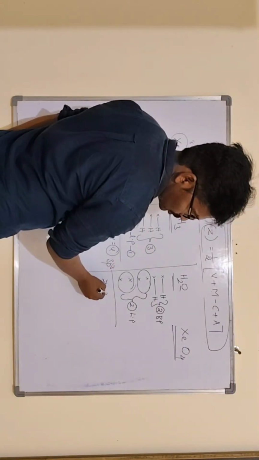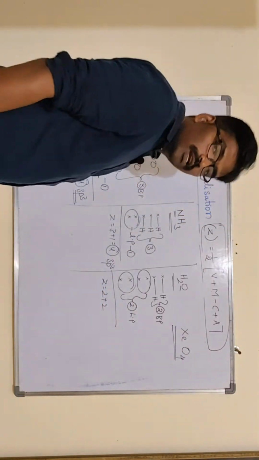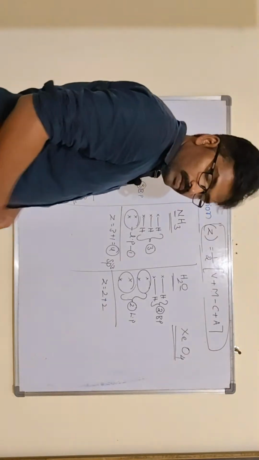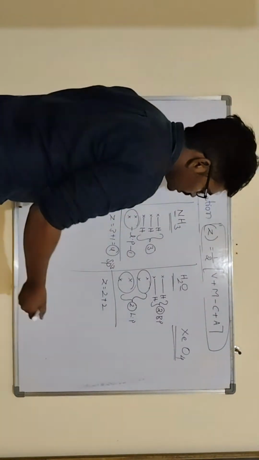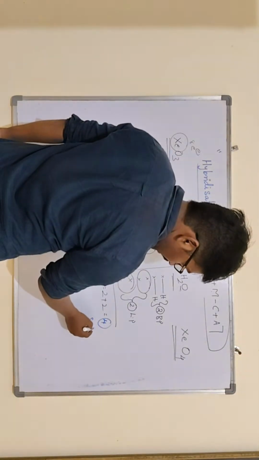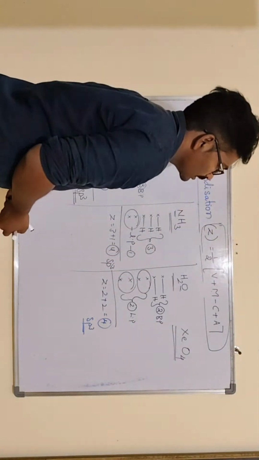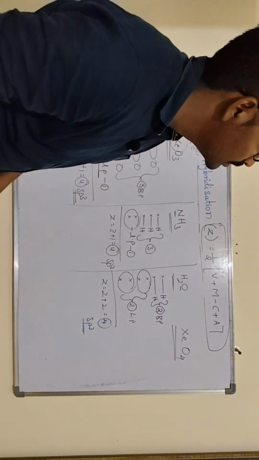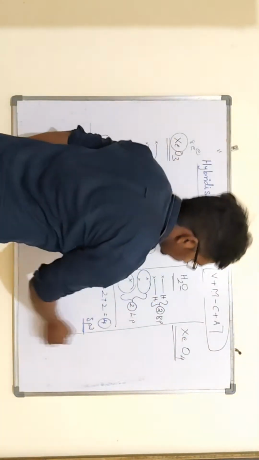So Z value is 2 plus 2. Understand? Then if you got Z value 4, what is the hybridization? sp3 hybridization. Clear?